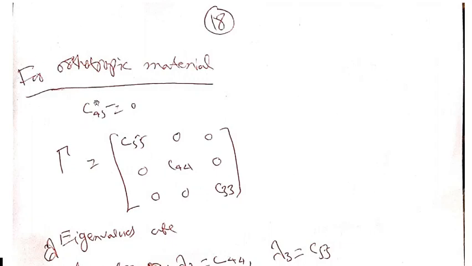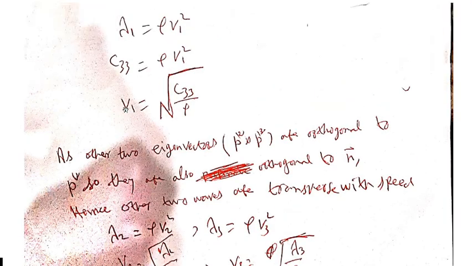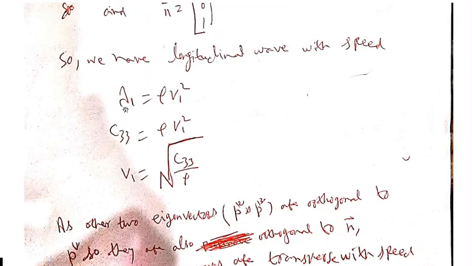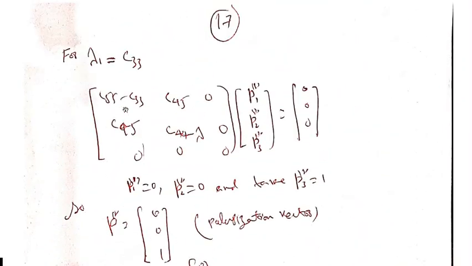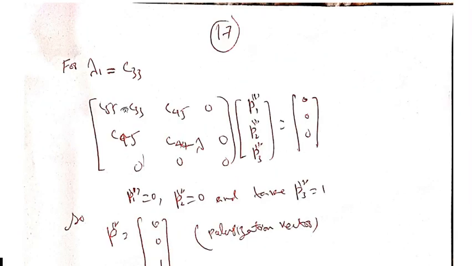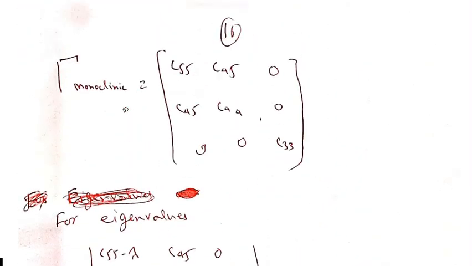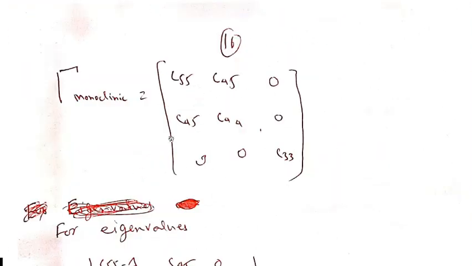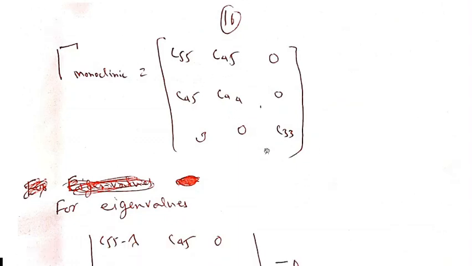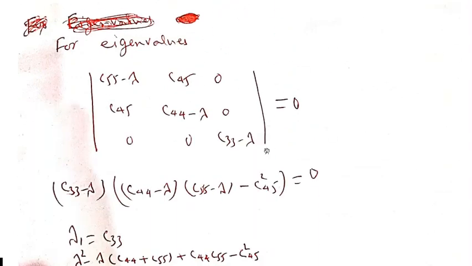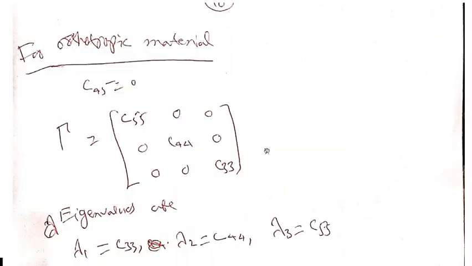So in that case our C45 is equal to 0. When C45 equals 0, then we have simply the diagonal components left.